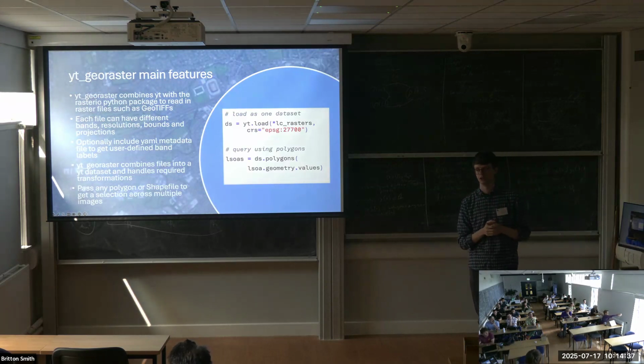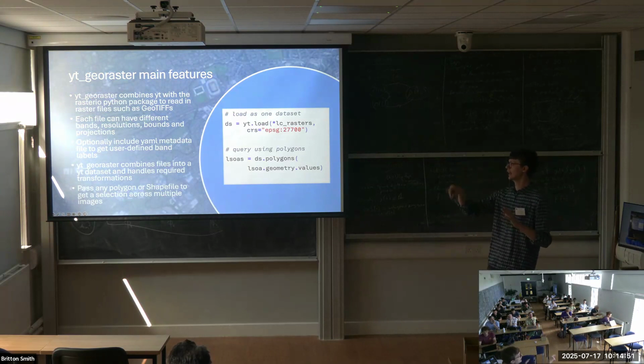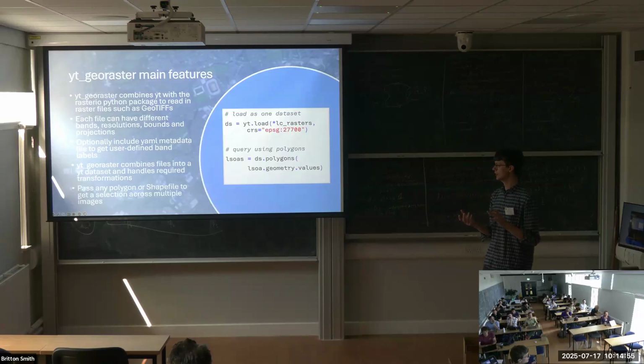If you imagine we've got different raster images, which can have different bands and different bounding boxes, overlapping to create a mosaic, and then I want to select that area, I'm able to get all the data I need in that area through a simple selection.